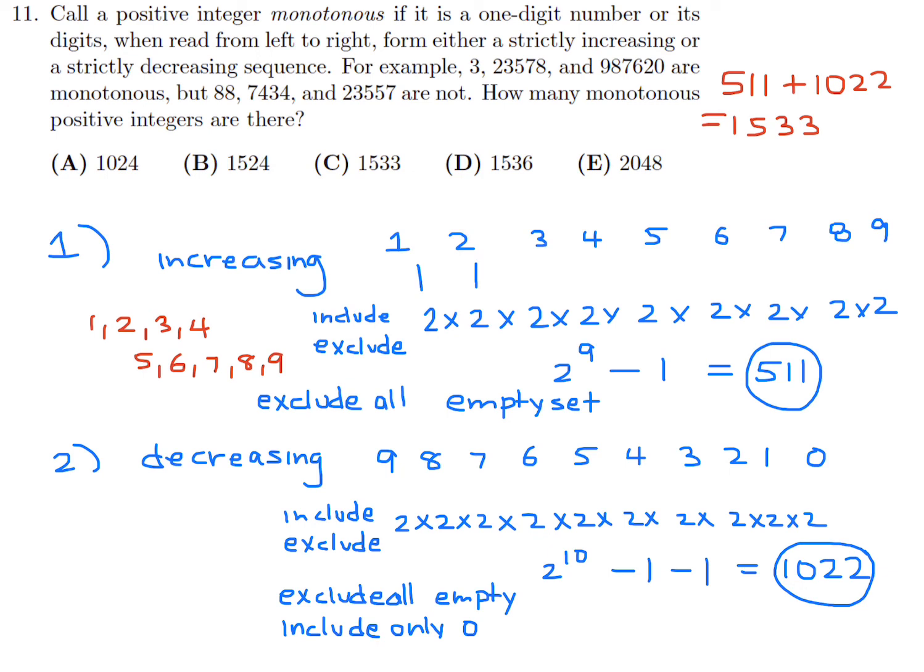Very similarly, in the decreasing case, you can produce the same one-digit numbers. So we've double counted those, and since there are 9 of them, we have to subtract 9 from the total. So finally we get the actual final number, which is 1524. And therefore, number 11, the answer is B.